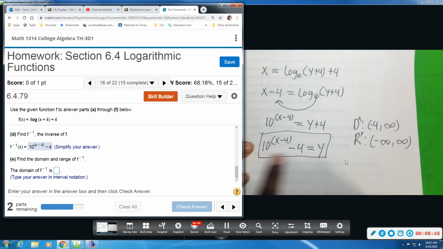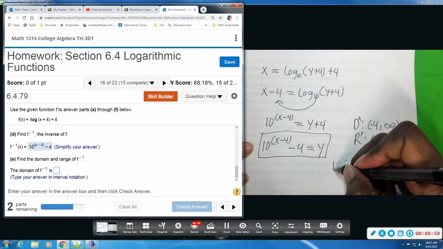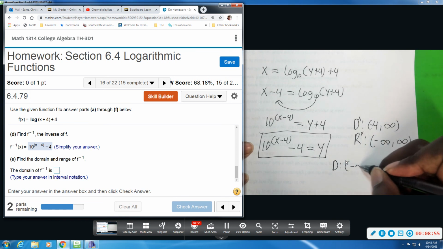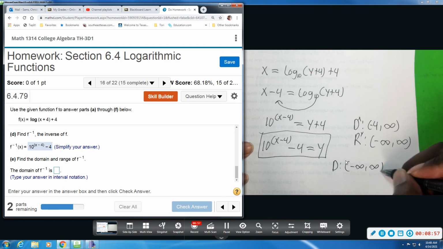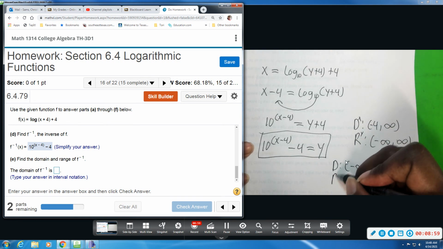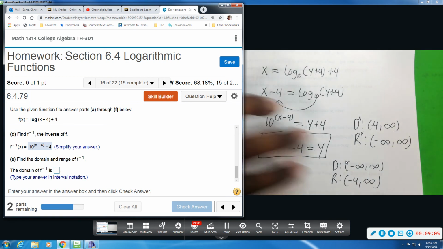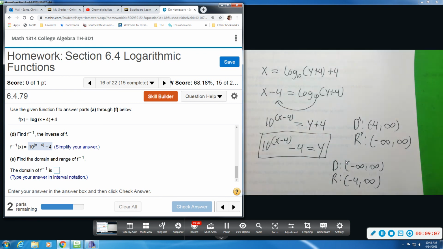So also your domain and range change. So for this function, the domain is now what the range was. So the domain is now negative infinity to positive infinity, and the range is now what the domain was, which is negative 4 to infinity. So when you flip-flop x and y, you also flip-flop your domain and range. So this is what we want here.